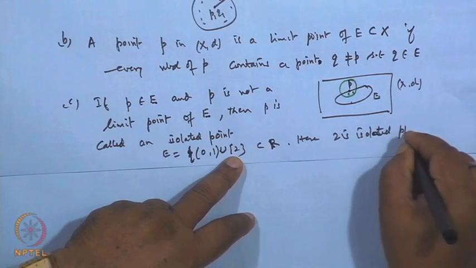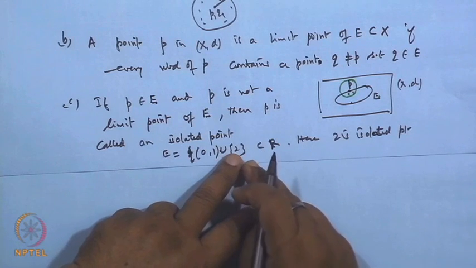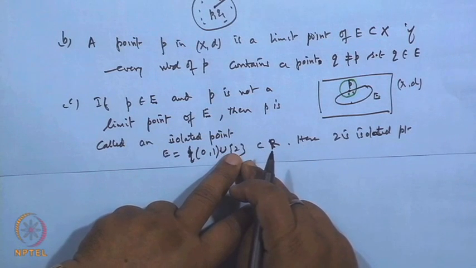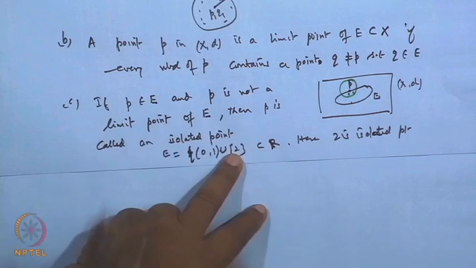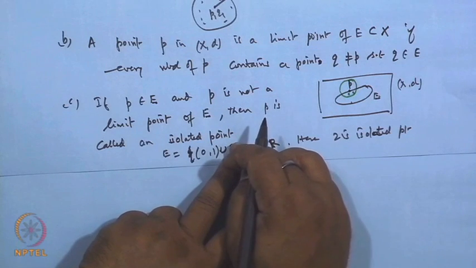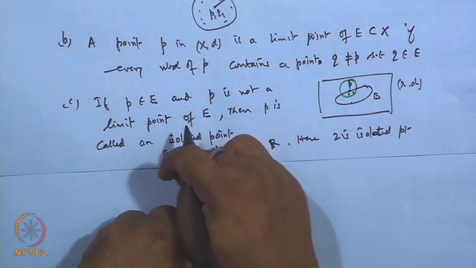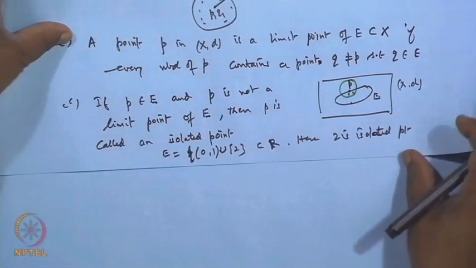Why? Because if we draw a neighborhood around 2, it does not include any point of E. So 2 cannot be a limit point of E, but 2 is a point of E. So it is an isolated point.